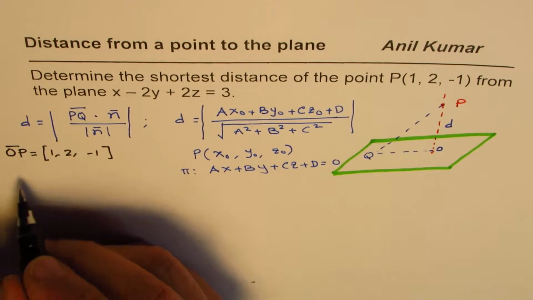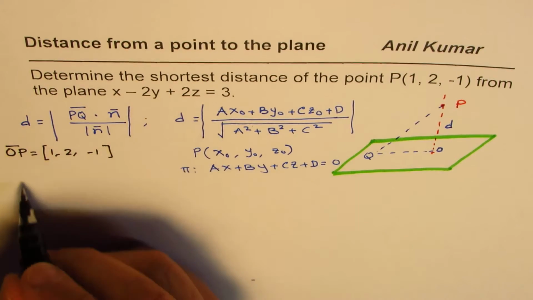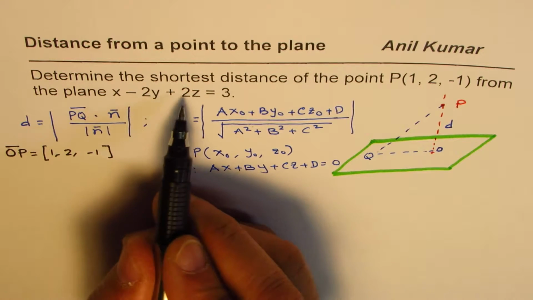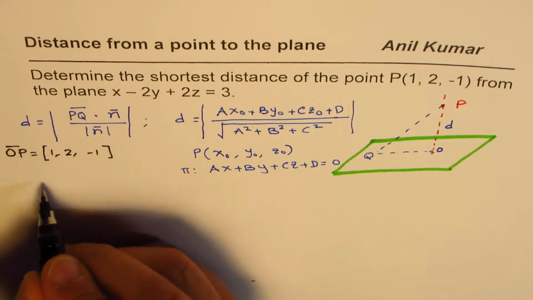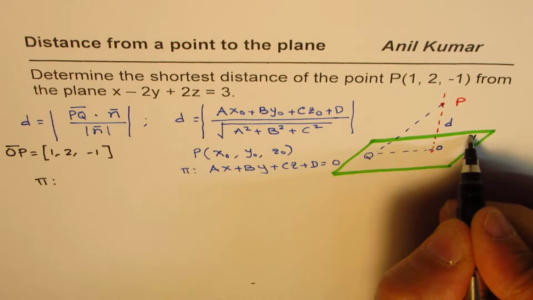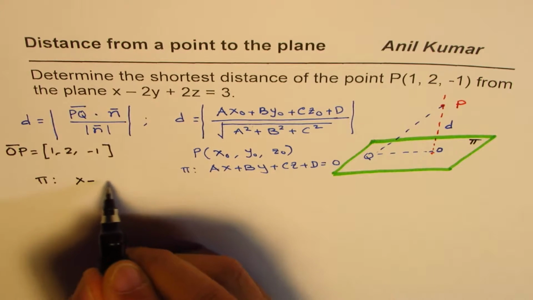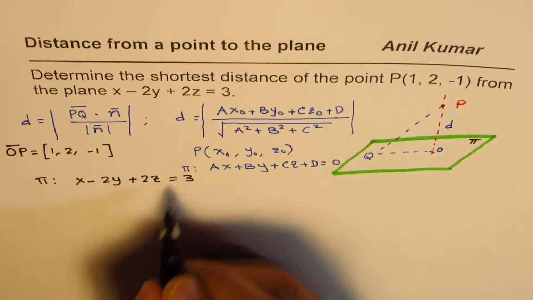Now let's take a point Q. To get a point Q, we are given the plane. We can select some convenient values for x, y, and z. What we are given here is a plane. We normally write a plane with symbols like pi. Let me write here pi, okay? And the equation of the plane is x minus 2y plus 2z equals 3.